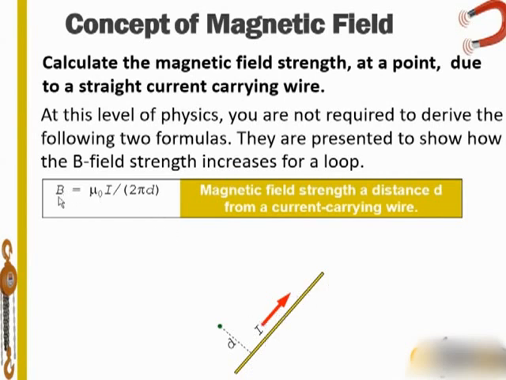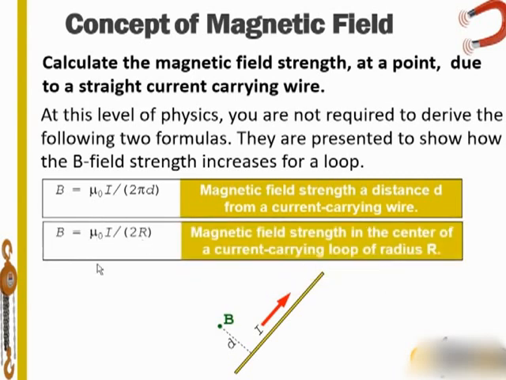This equation will help us to calculate the magnetic field strength at that green spot. And you can see that this expression can be slightly modified if you wanted to find the magnetic field strength in the center of a current carrying loop of radius r.